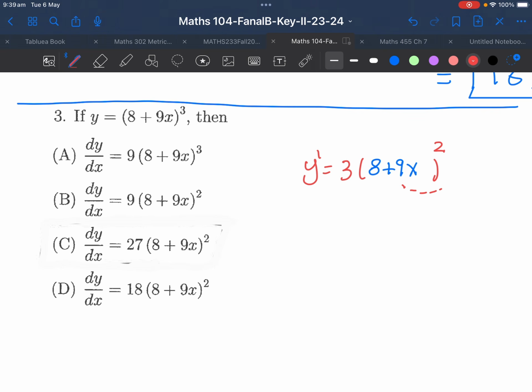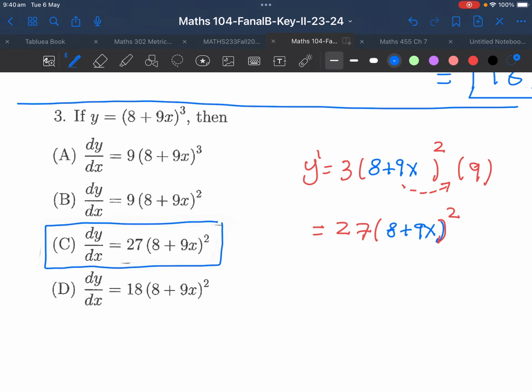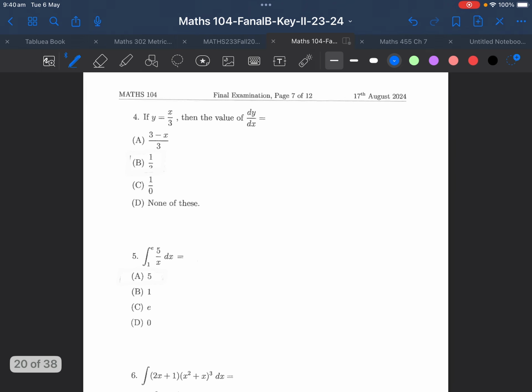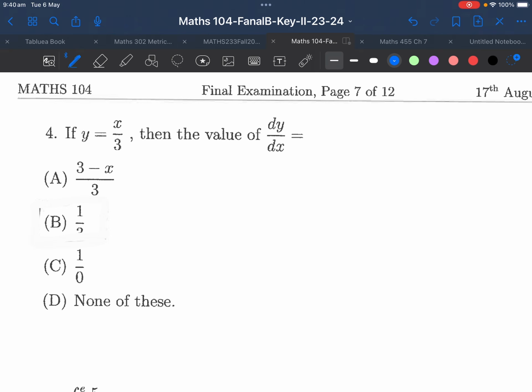And then we find the derivative of the inside, which is just 9. Now we have 3 times 9, which is 27, times 8 plus 9x squared, squared. Which answer corresponds to this one? There is only one answer with 27, so definitely this would be the answer. That's question number 3. Let's go to question number 4.